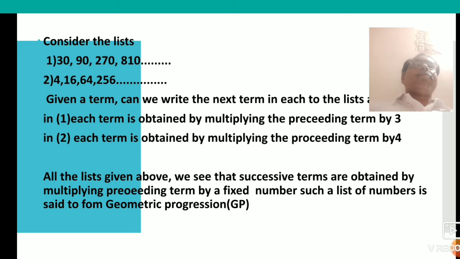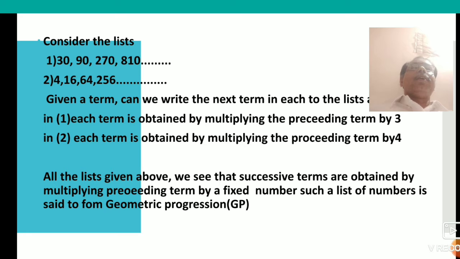Such a list of numbers is said to form a geometric progression. So let us compare with the arithmetic progression. Whereas in arithmetic progression, to get the successive terms, what did we do there? We added a fixed number to the preceding term to get the succeeding term.